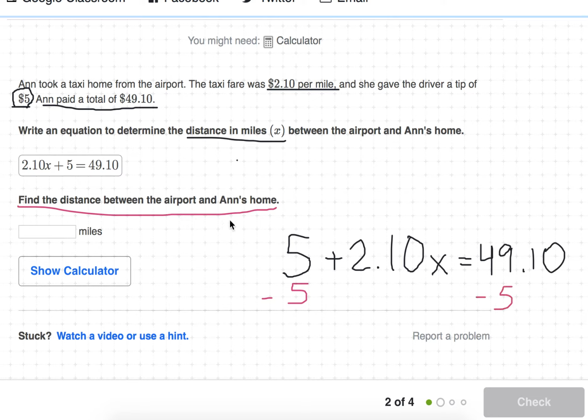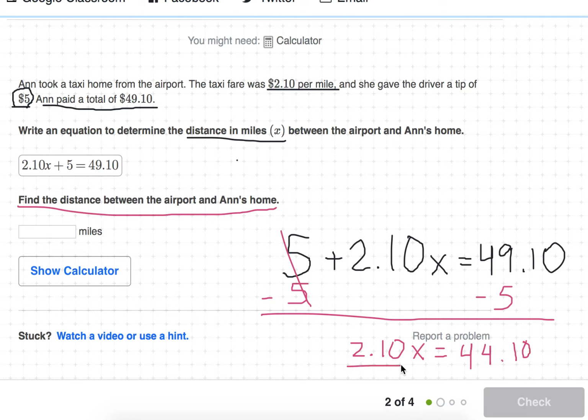We're going to subtract away the $5 tip to see how much she owed just based off miles. So we get 2.10x equals 44.10. Now we divide $44.10 by $2.10. And I get 21 miles.